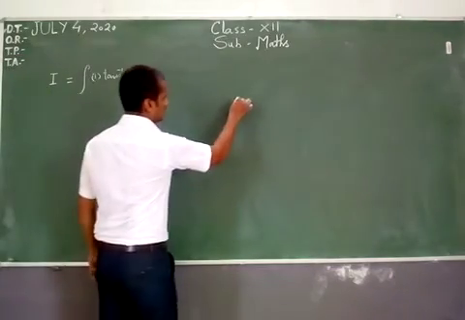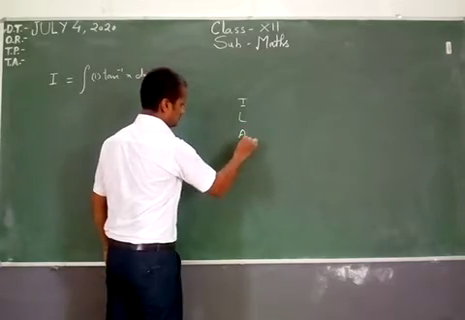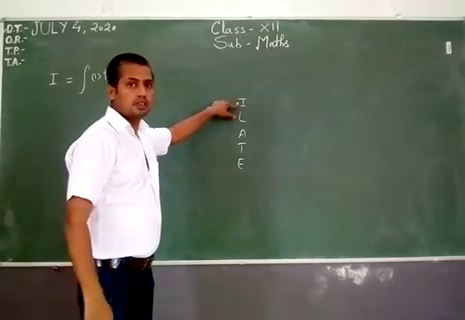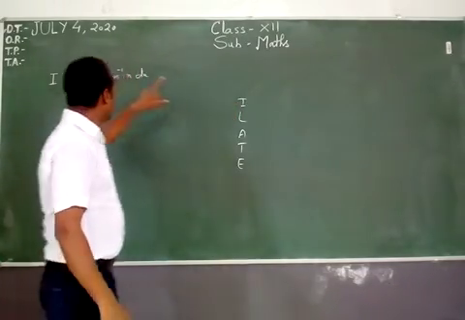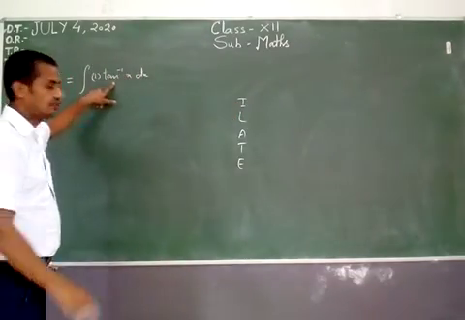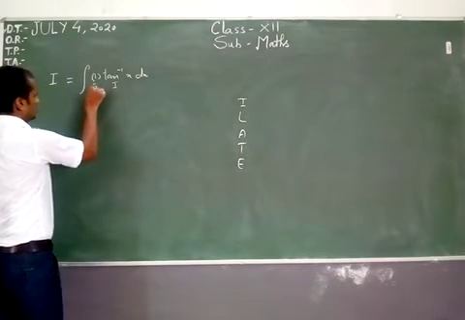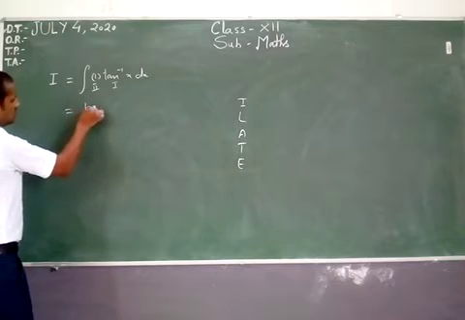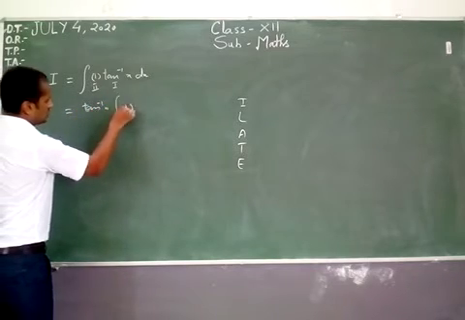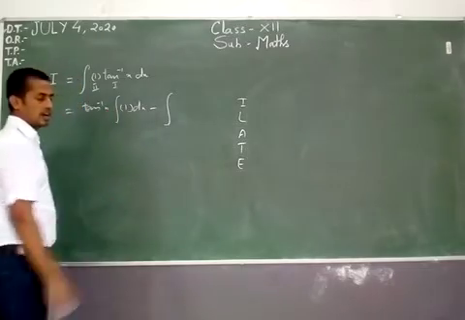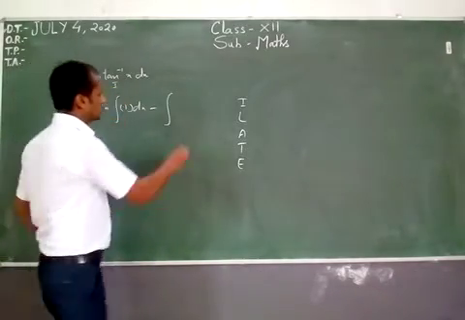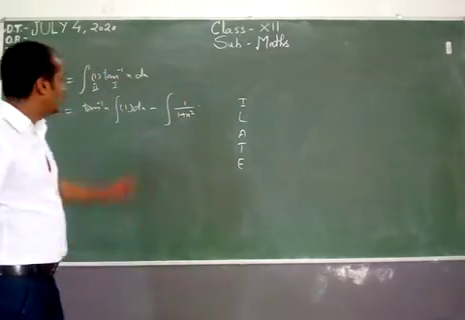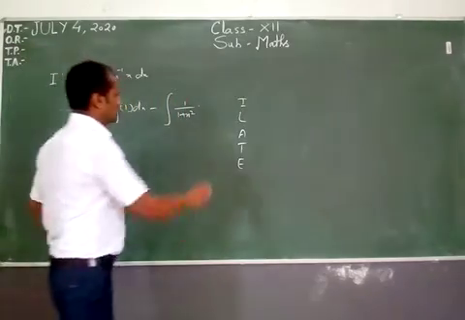According to ILATE, the inverse trigonometric function we choose as first and 1 as second. Now, tan inverse x as it is, integration of 1 with respect to x, minus the derivative of tan inverse x, 1 upon 1 plus x square, into the integral of 1 with respect to x, which is x.